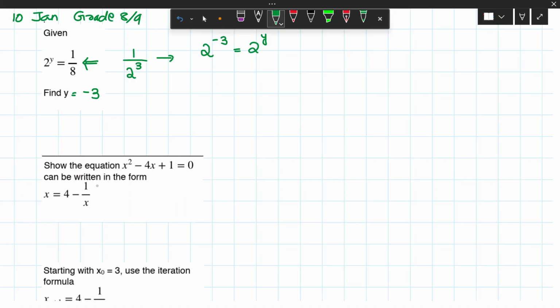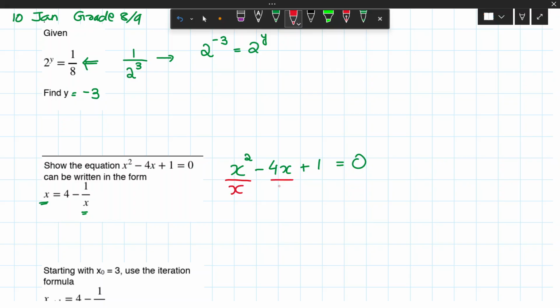Next one, show that the equation can be written in this form. A couple of things that we do notice is there is no more x squared. There is only an x, and there is a 1 over x term. So straight away, because there is no x squared term, the first thing I might try is to divide all the terms by x, so that I don't need an x squared anymore.